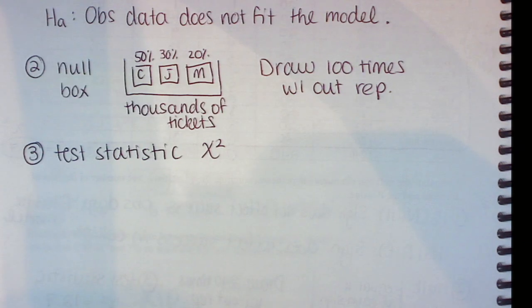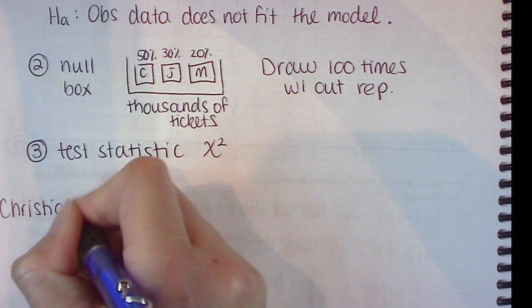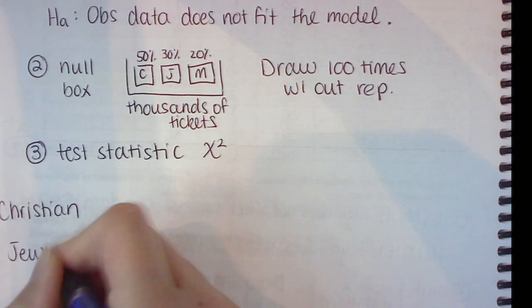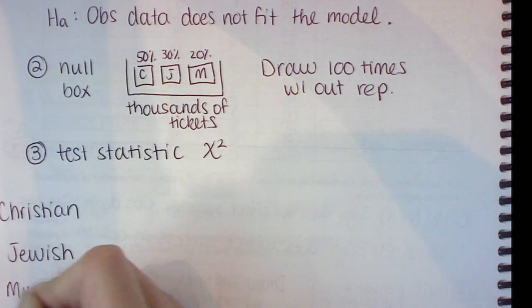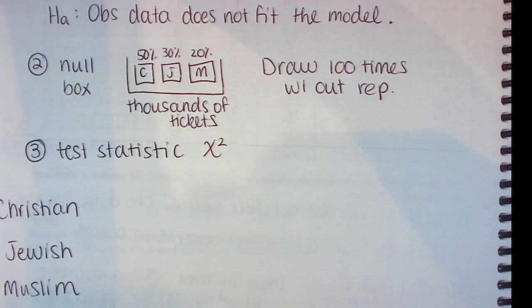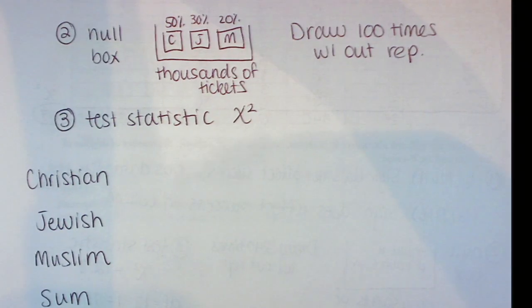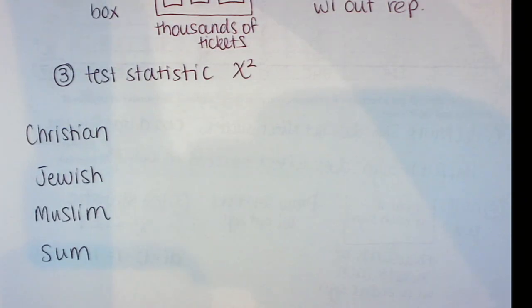I would say there's Christian, Jewish, and Muslim children. And then the last row is always going to be the sum. And we'll start off with what we're given.